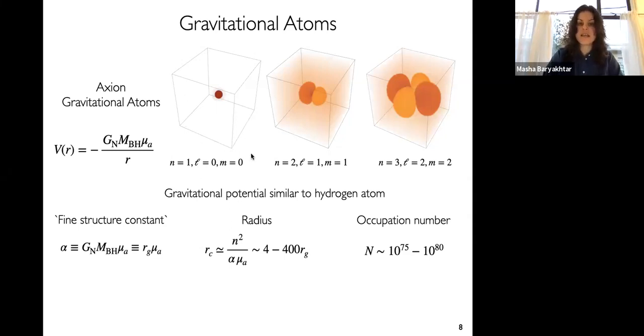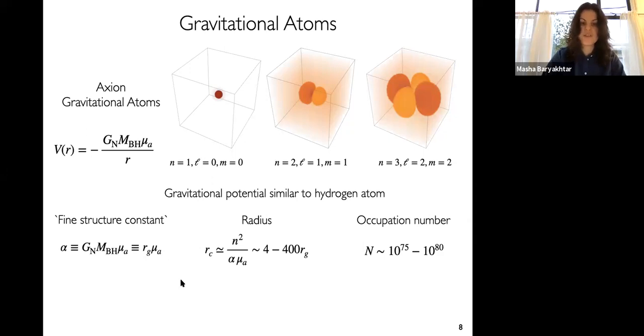Here you can see what the configurations would look like for 0 angular momentum, which doesn't superradiate, or 1 or 2 angular momentum units. So you have this analogy in mind. I can go through some of the comparisons.